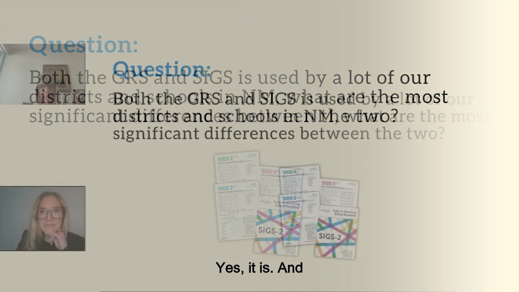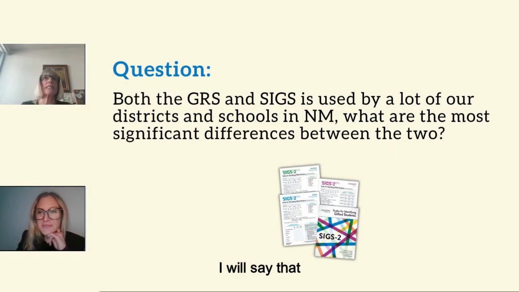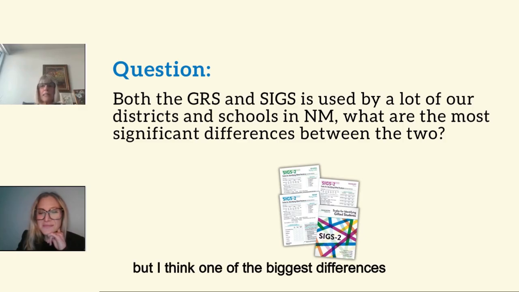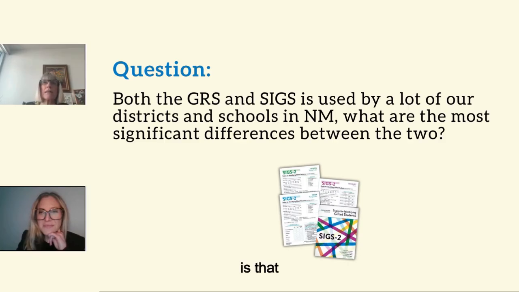I don't know tons about the GRS, but I think one of the biggest differences is that, if I'm not mistaken, the GRS looks at a generic academic achievement scale, and we have specific domain scales in 4 areas. So I think that's a real good difference.